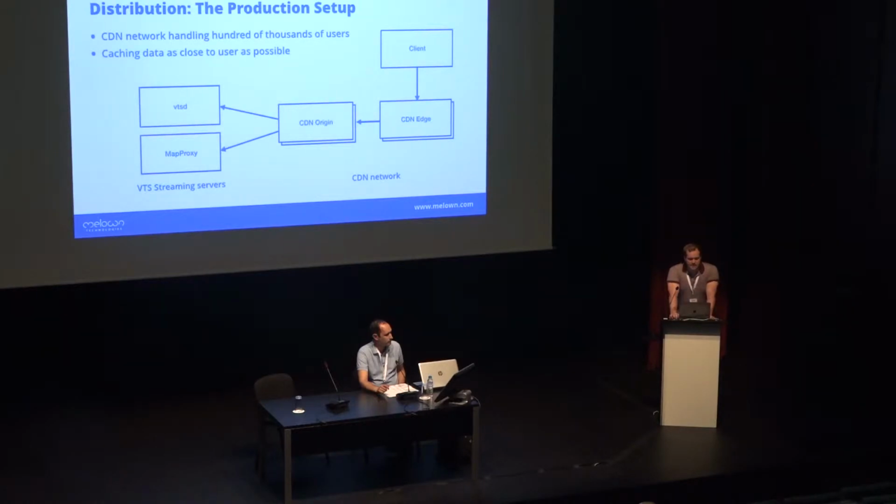In production, there is a robust content delivery network which allows us to keep more often used data as close to the user as possible. So there are caching CDN edges, and the requests to the VTS streaming server are passed in very low frequency.